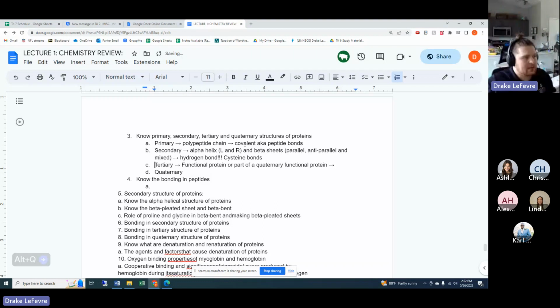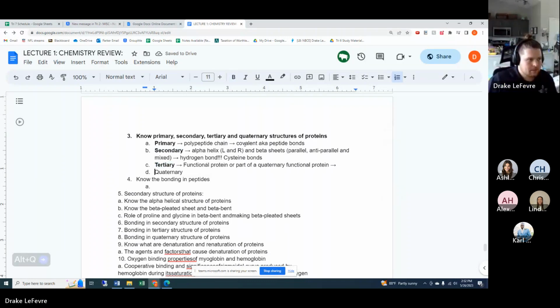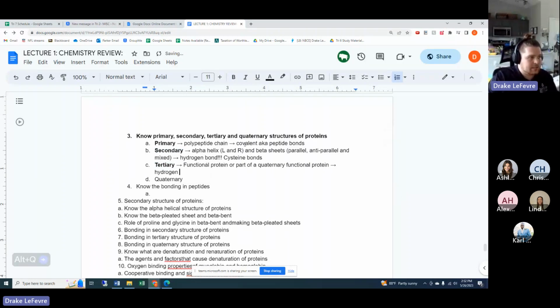Okay. This is a big concept to understand. Not every protein has a quaternary structure, okay? There are tons of proteins that get to tertiary and that's it. They're done as soon as they get to tertiary. They're a fully functioning protein and they go off and do their jobs, okay? This again is going to be thanks to hydrogen bonding.